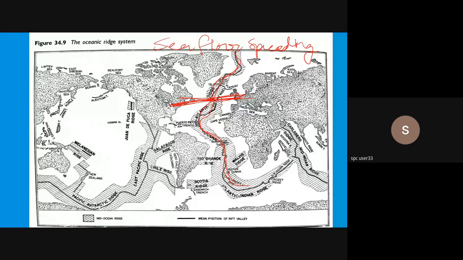But coming back to the theory of seafloor spreading, what was astonishingly known to us through that is that as compared to land, it is the oceanic floor which is renewed more regularly, and none of the oceanic floor is more than 180 million years old.